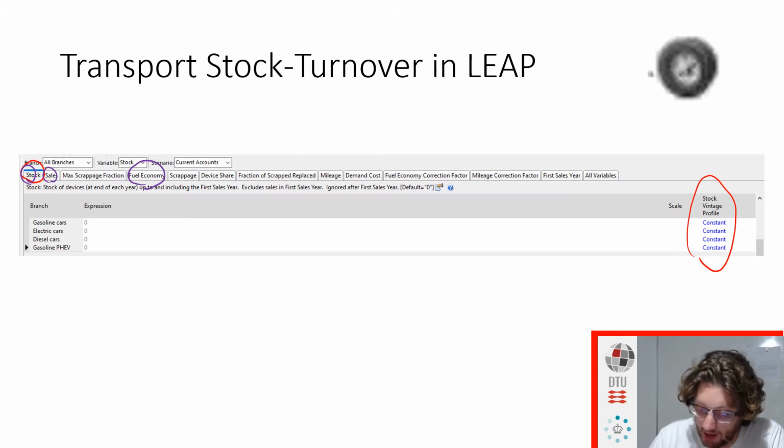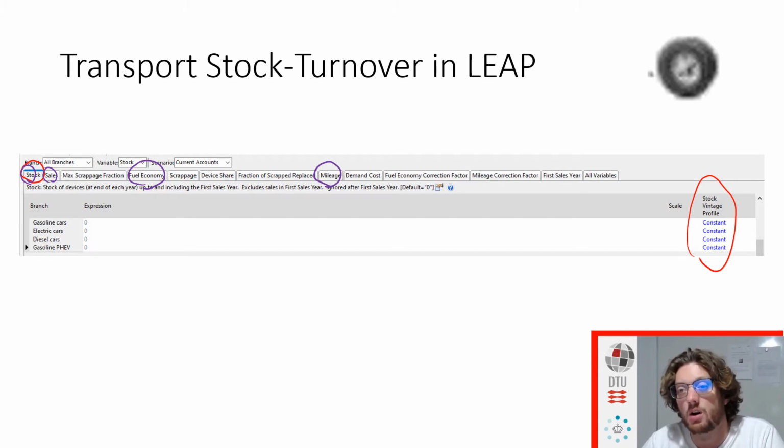We also now have it for mileage, which is also a new parameter that's only relevant for vehicles. It is somewhat similar to usage factor-ish, but the usage of a consumer product in general is much more stable than it is for mileage.